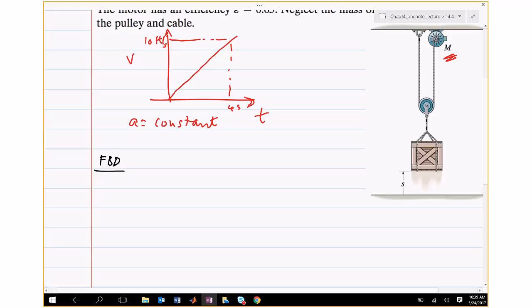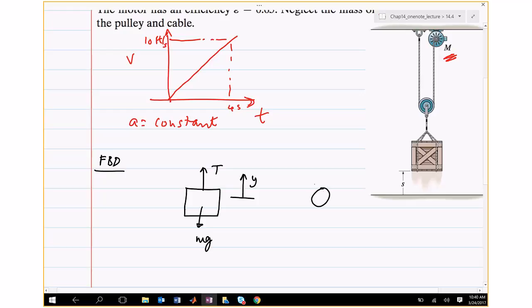Okay, so in this case there is a motor, there is a pulley, and there's a crate. So what I'm going to do is start with the mass because the crate is moving upwards. And I think if I start from there, I have a better idea in solving this. So there's a tension T, which is opposed by mg, and I need to choose a coordinate axis. I'm going to choose y as going upwards.